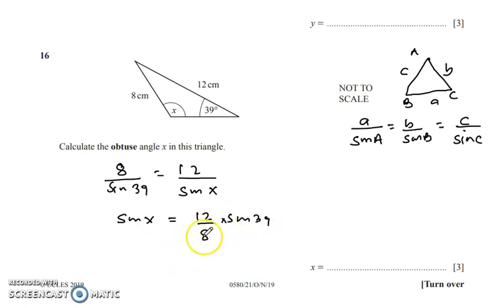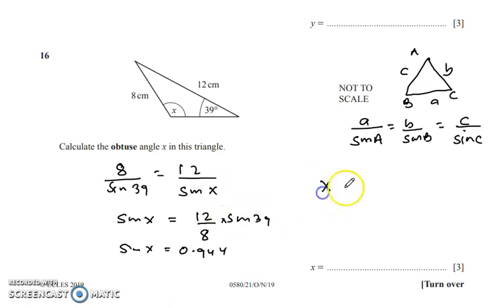So I will use the calculator: 12 divided by 8 into sine 39. So the answer is sine x is equal to 0.944. Now if I take shift sine inverse of 0.944, the answer is 70.